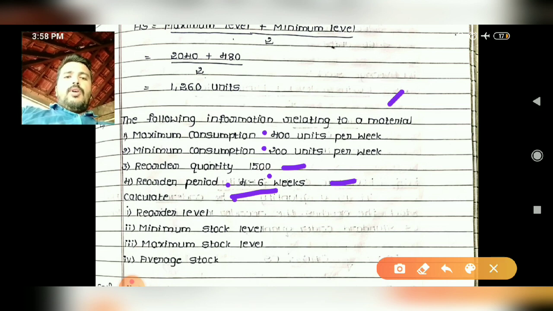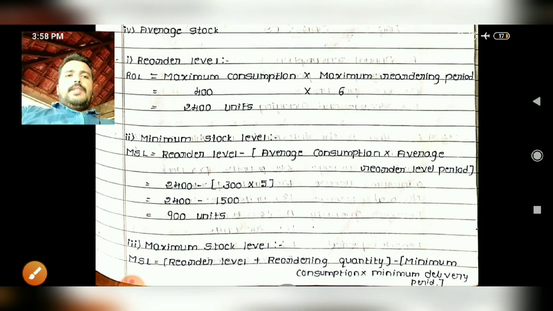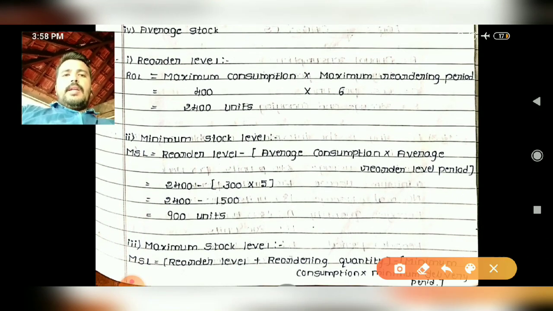Then you have to calculate 4 components: reorder level, minimum stock level, maximum and average stock. In the same way as you solved the previous question, in the same manner you have to move ahead. Let us solve it. Reorder level you have to calculate first.